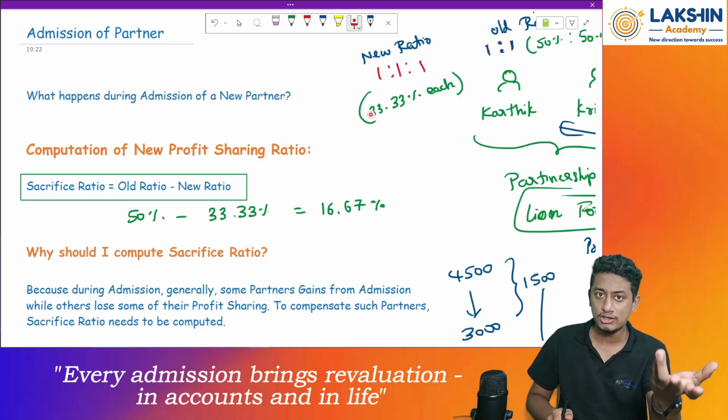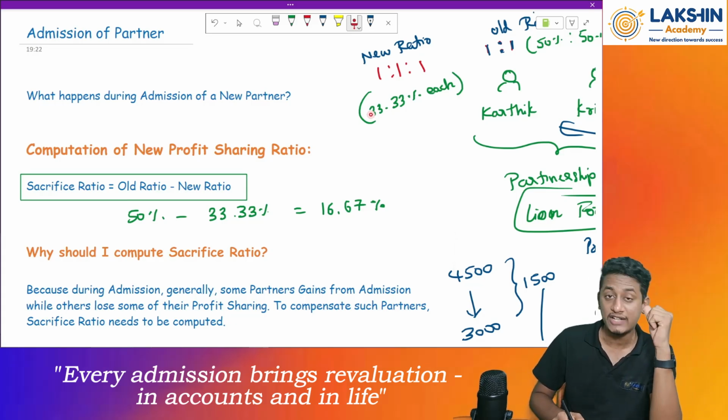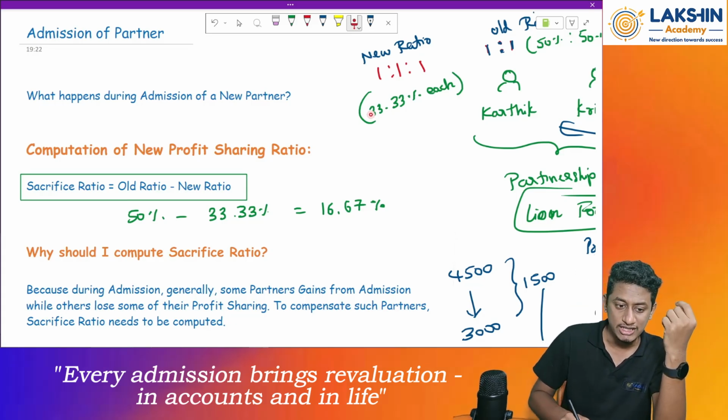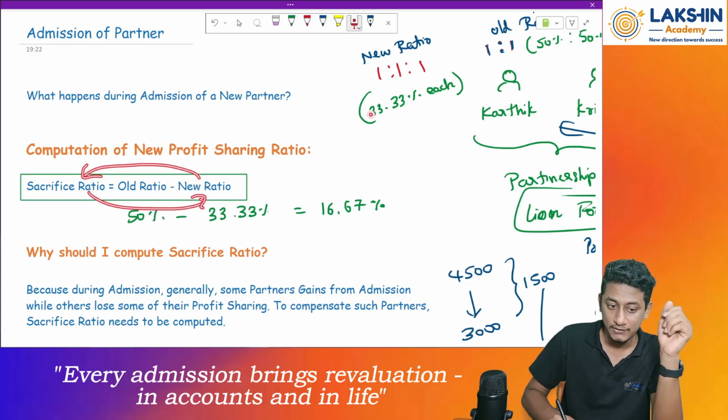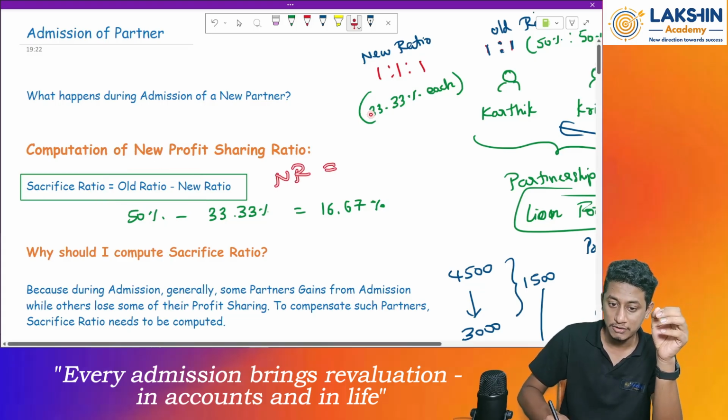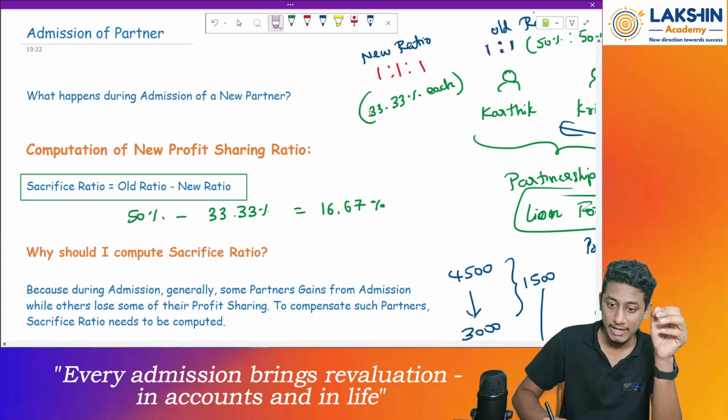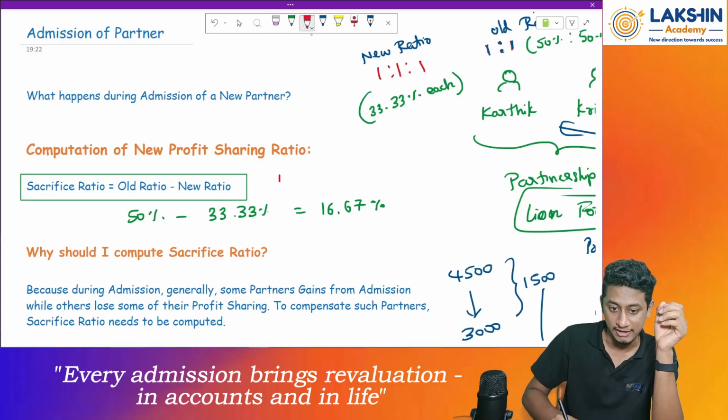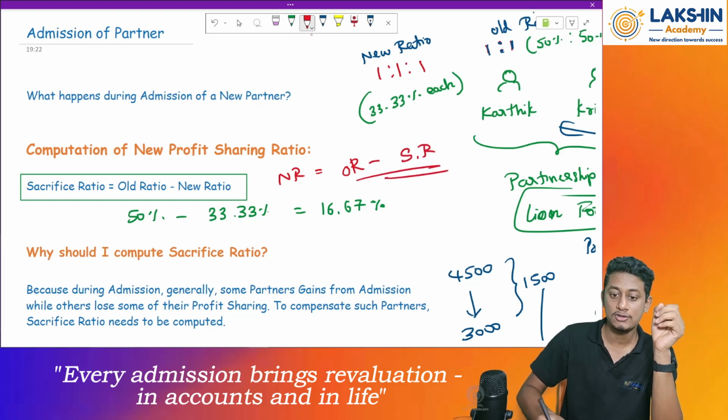If you want to find out the new ratio, in that case the sacrifice ratio will be given to us. So what to do? Just interchange things. This comes over here, and the sacrifice ratio comes over here. Simple. So the formula will be: new ratio equals old ratio minus sacrifice ratio.